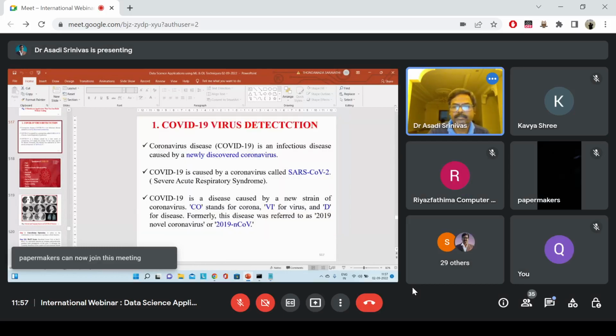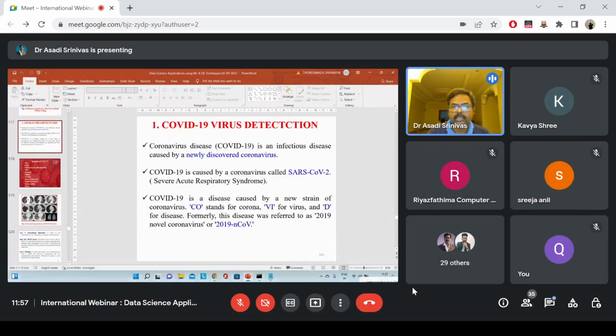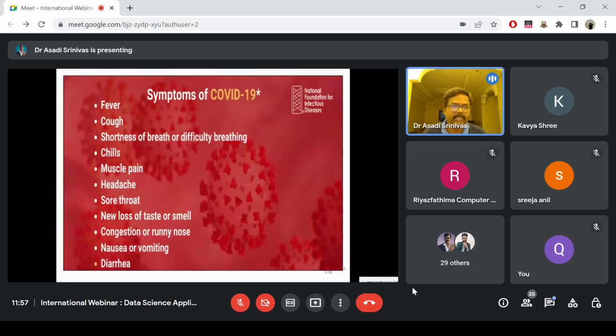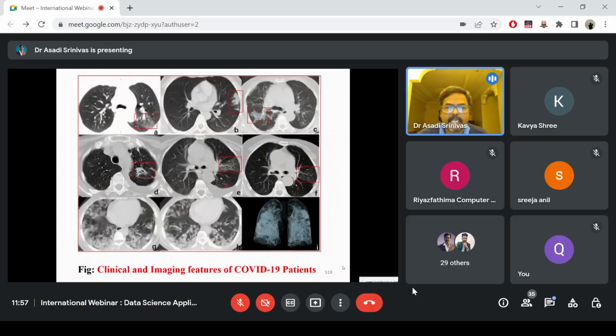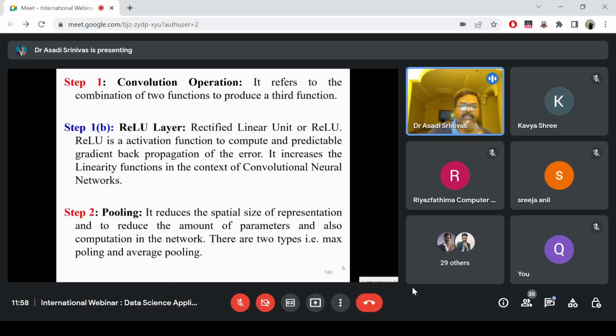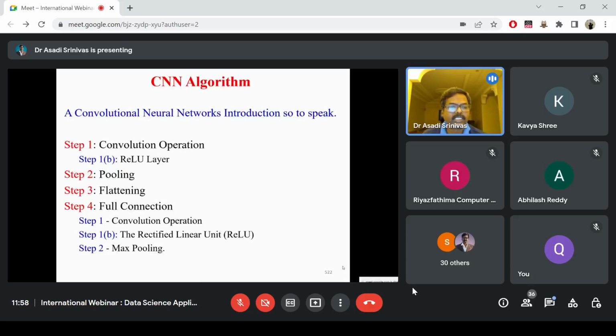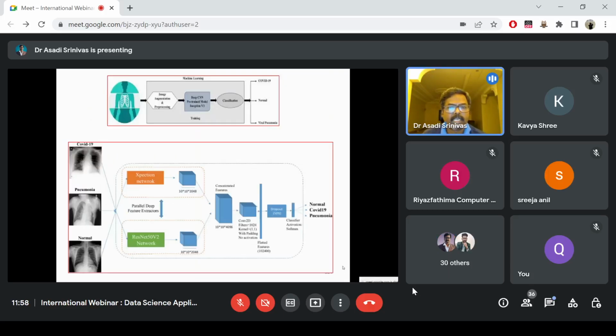See here. Now COVID-19 virus detection. I have collected symptoms of COVID-19, and these are the X-ray images I have taken. This is the algorithm I have used: convolutional operation, ReLU layer, pooling layer, flattening, full connection. This is the CNN algorithm, and these are the 3 types of images I have taken: COVID-19 virus image, pneumonia, and normal.